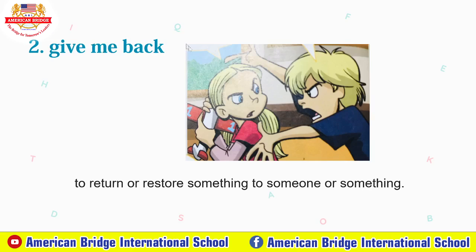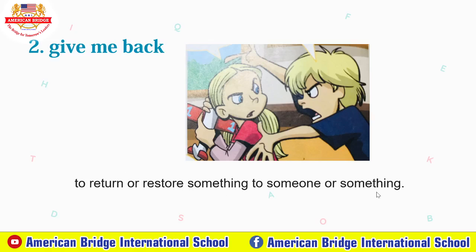The second picture, this one is give me back. As you can see in this picture, there is one boy and one girl, right? The girl is holding the airplane and the boy looks angry at the girl who took his airplane. That's why he needs to say, give me back. Give me back means to return or restore something to someone.